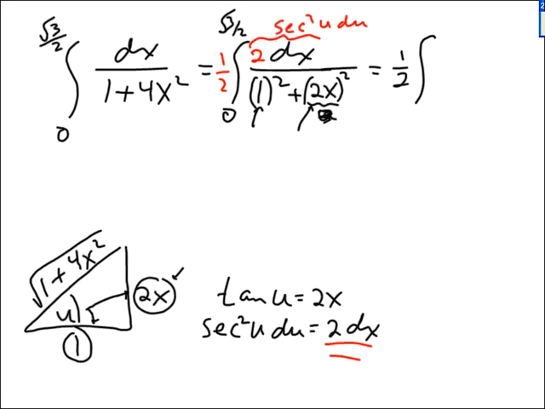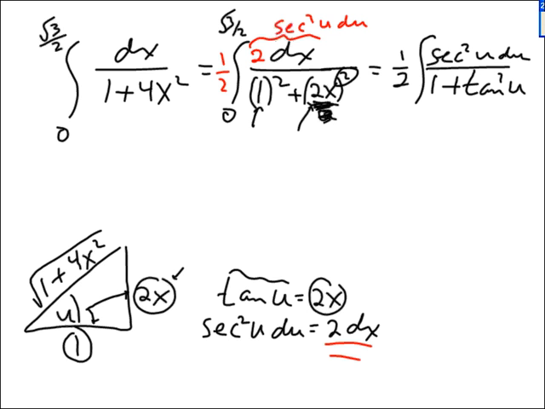The top is just secant squared u du, and the bottom is 1 plus, well, 2x is tangent u. So that's tangent u squared. 1 plus tangent squared u.